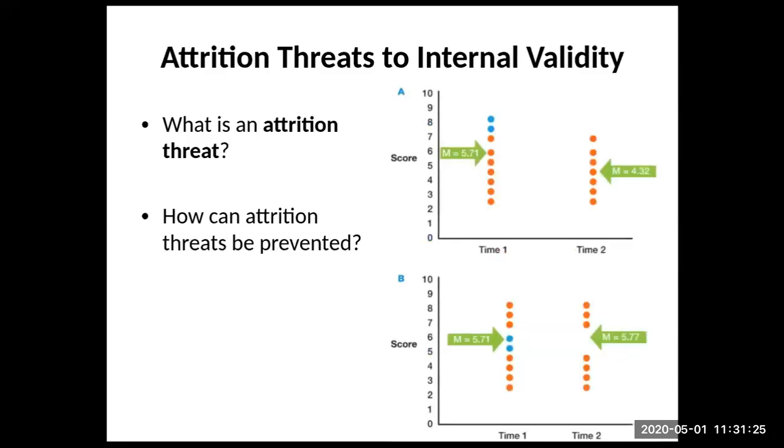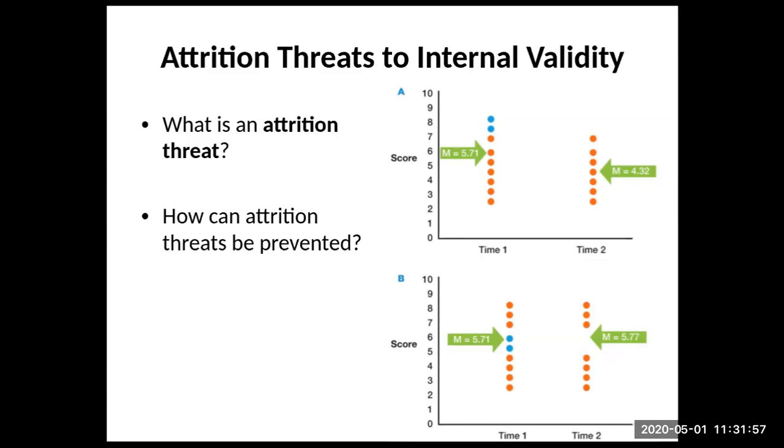Attrition threats. The attrition threats are the fact that you may see a difference in scores from time 1 to time 2. We can talk about that. The top 2 scores here on A on the right give us a mean of 5.7. Those top 2 scores were the most extreme. Maybe they were the rambunctious campers and they got kicked out of the camp. And so they didn't make it back for the post-test at time 2 for the whole week because they were sent home after a couple days.